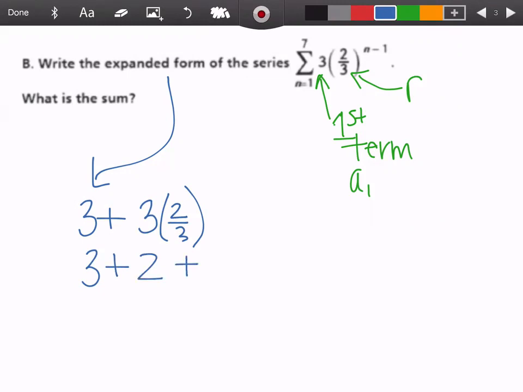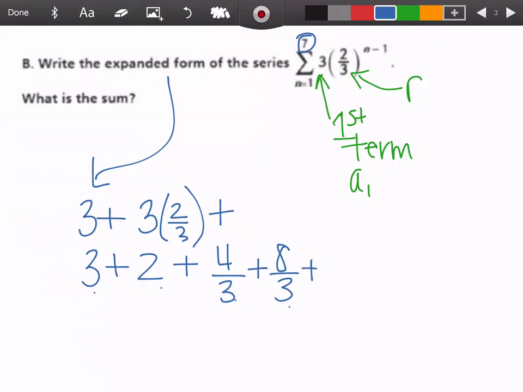And then plus, and then you keep multiplying by 2/3. So 2 times 2/3, that is 4/3. Then we have 4/3 times 2/3, which is 8/3. And we have to go all the way up to the 7th term. So right now we have 1, 2, 3, 4. We have to keep going.